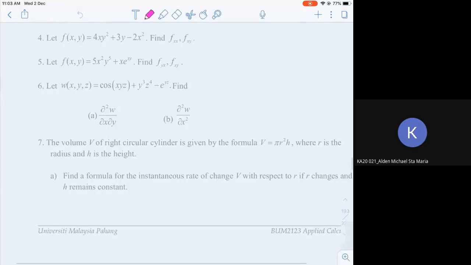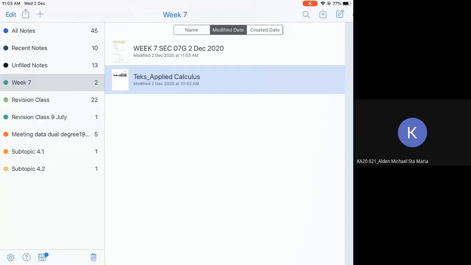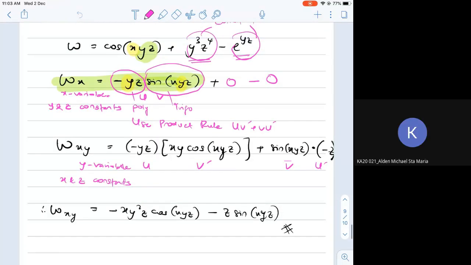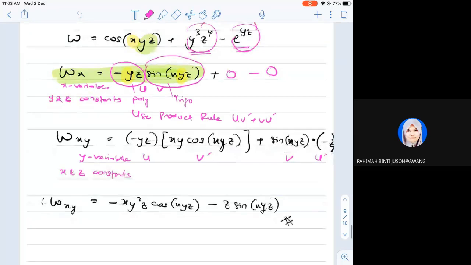Doctor, can I ask why the xy is at the front and not xz? Which one? The wxy. Oh, sorry. Sorry, wrote it wrongly. Thank you for correcting me. This should be YZ.